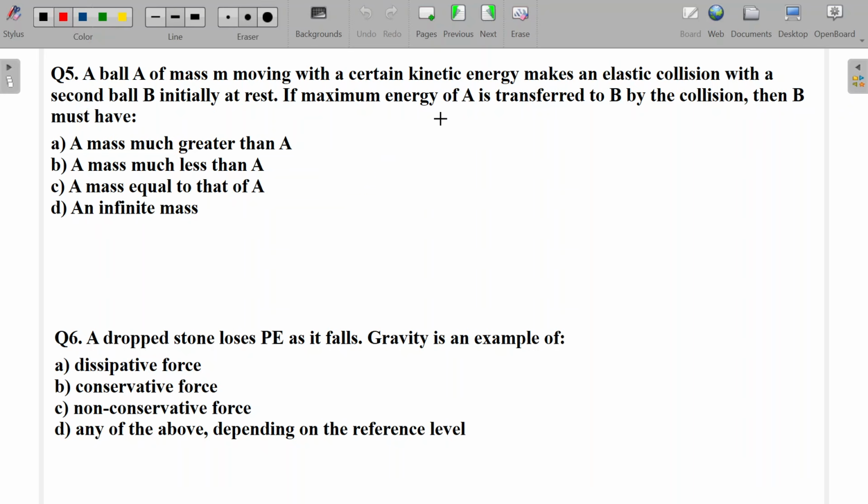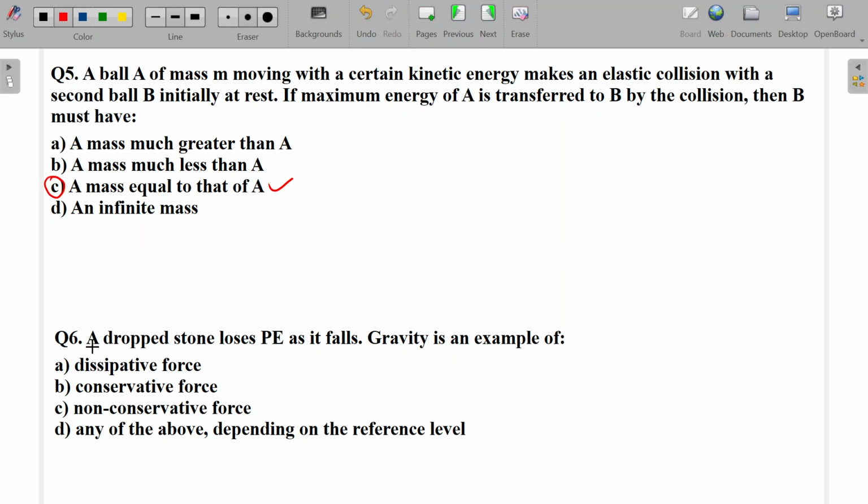What's the answer? C. C, right? Yes. So for maximum energy to be transferred from A to B, the masses must be identical. That is why that happens.